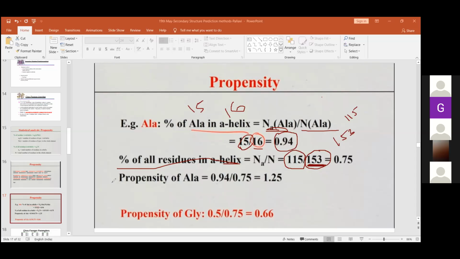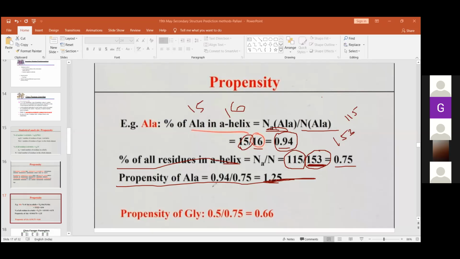Now the third step is the propensity, as I referred to in the previous slide. The propensity is defined as the percentage of a particular amino acid at the ith position in alpha helical form divided by the percentage of all amino acids in the total sequence that are present in that alpha helical shape. The first value was 0.94 and the second value was 0.75.